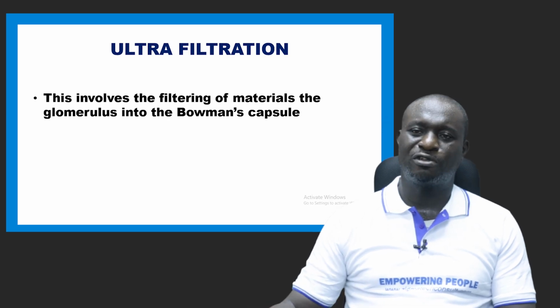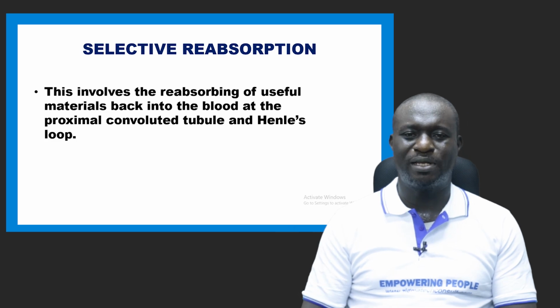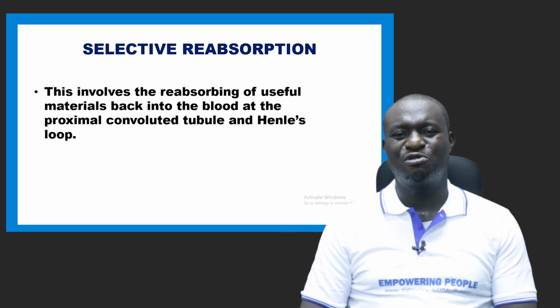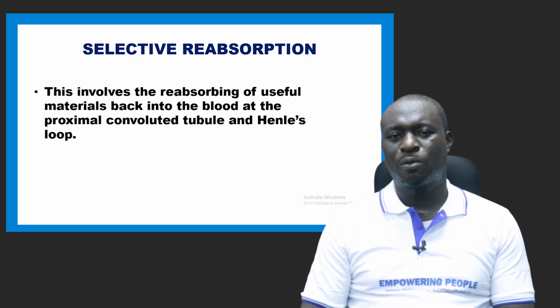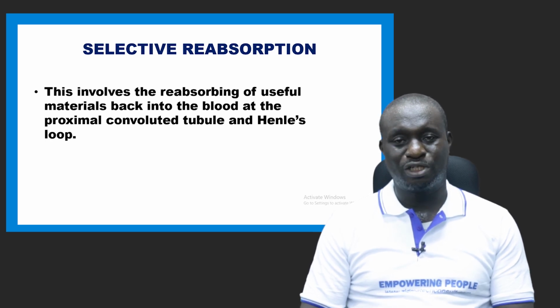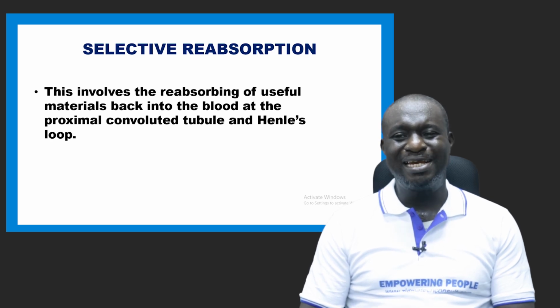So after ultrafiltration, the next process that takes place is selective reabsorption. During selective reabsorption, the filtrate passes through the proximal convoluted tubules and the Henle's loop.